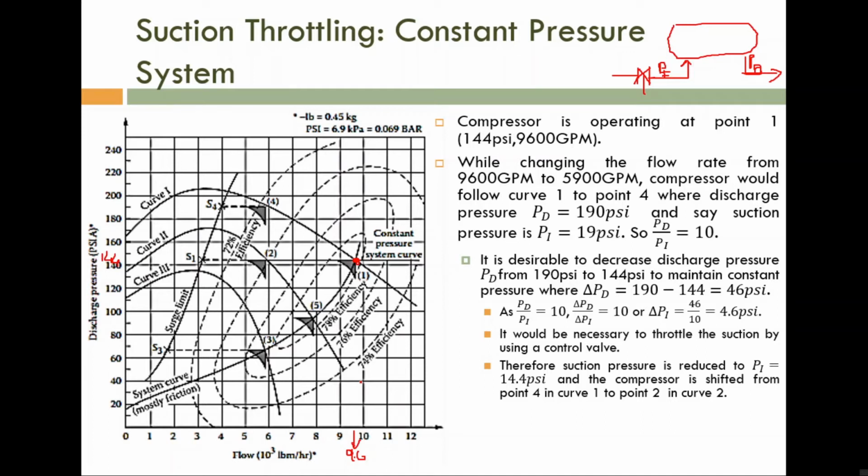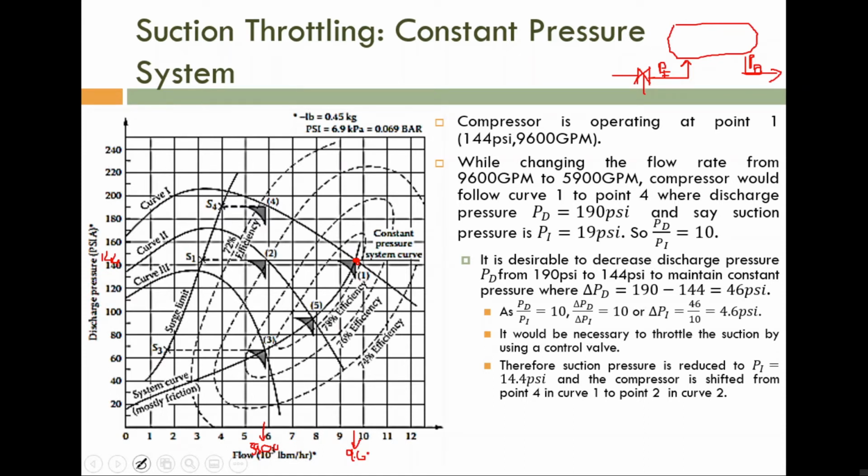Okay. Due to some reason, the flow demand is changed to something around 5,900 gallons per minute. So due to some reason, the flow rate is decreased to 5,900 gallons per minute from 9,600 gallons per minute.